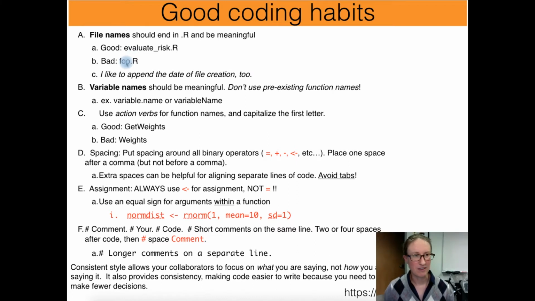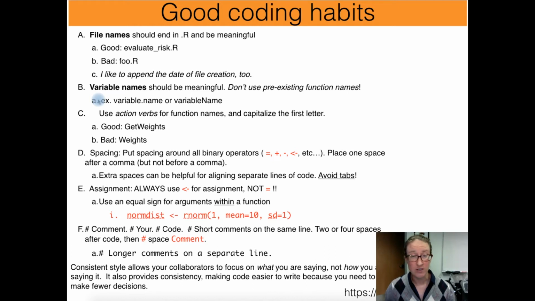So be as specific as you can about your file name. And I typically like to append the date that I created a file, just to help me keep things a little more organized. When you are naming your objects or your variables, use meaningful names and don't use the names of pre-existing functions.